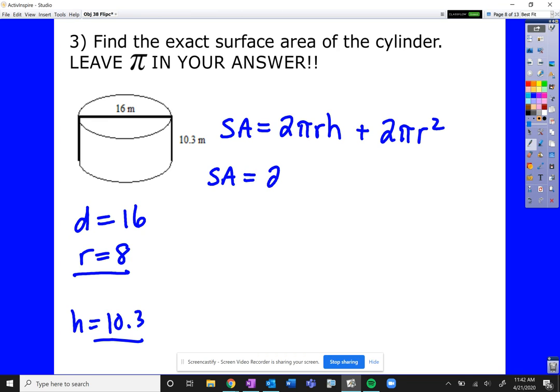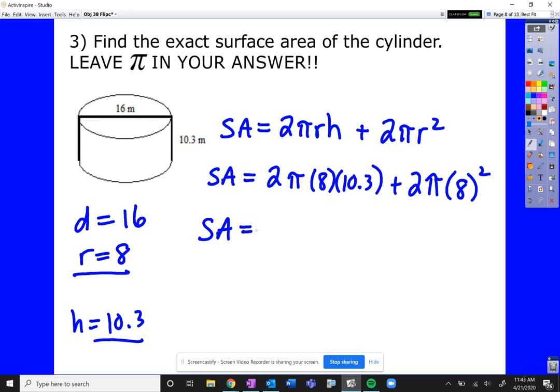So, leave pi. 2 pi. Radius is 8. Height is 10.3, plus 2 pi, radius is 8 squared. Okay, do all your multiplying around the pi and slap it on the end. So 2 times 8 times 10.3 is 164.8. Slide the pi to the end. And order of operations, we need to do exponents first.